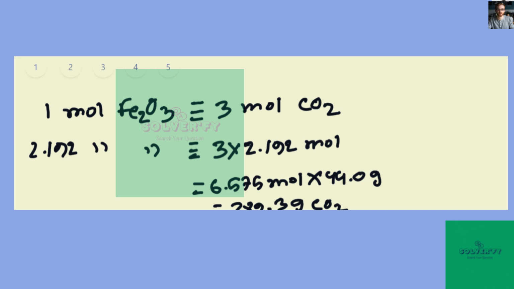Now, in the last part of this problem, we have to show the calculations in part B and C are consistent with the law of conservation of mass. So, the law of conservation of mass is the mass of the reactants reacting will be equal to the mass of the products produced.